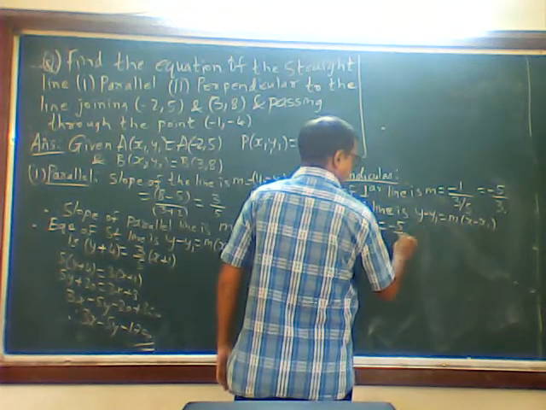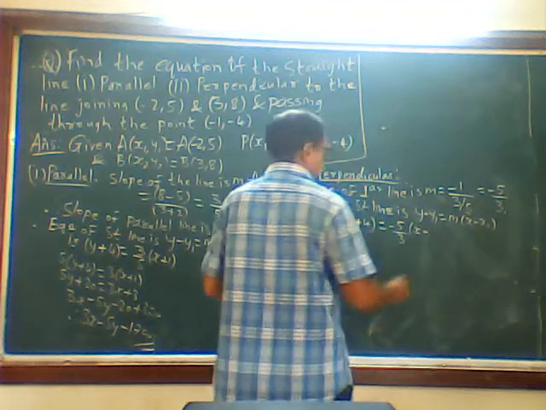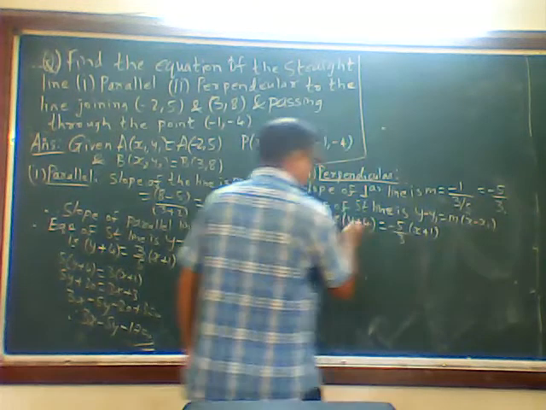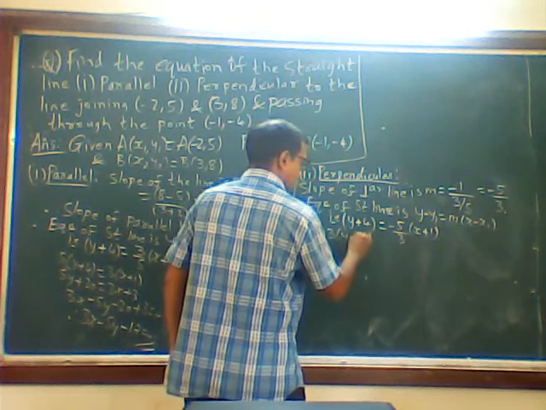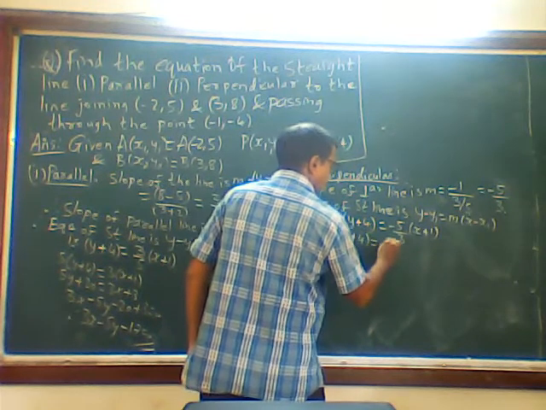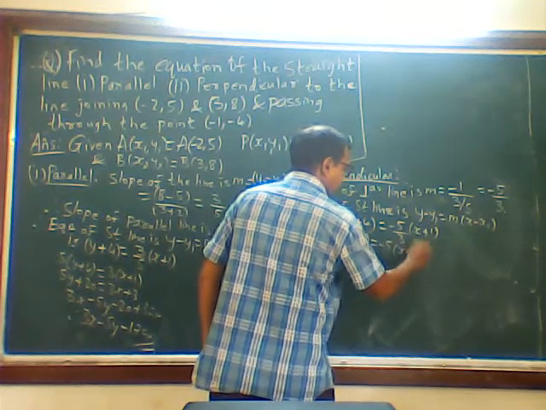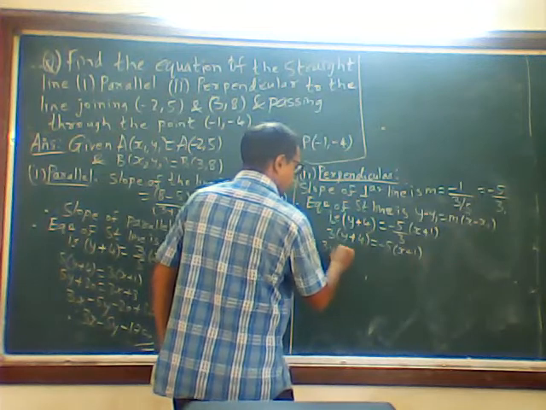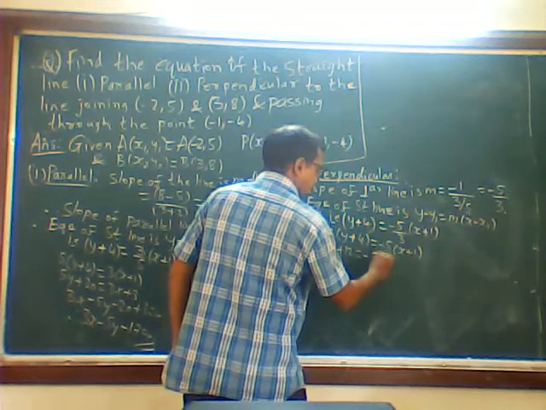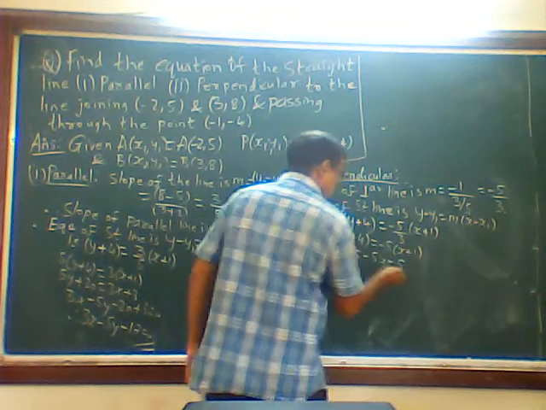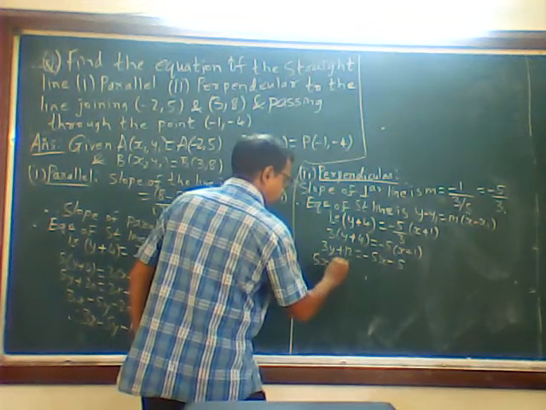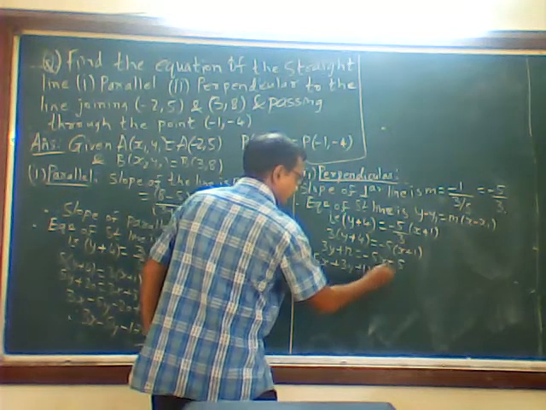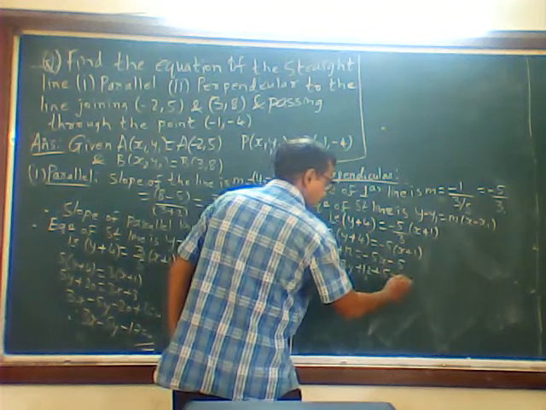M is minus 5 by 3. X minus x1 is x minus of minus 1, that is x plus 1. The 3 will come here: 3 into y plus 4 is equal to minus 5 into x plus 1. That is 3y plus 12 equals minus 5x minus 5. The minus 5x will come to this side, so 5x plus 3y plus 12 plus 5 is equal to 0.